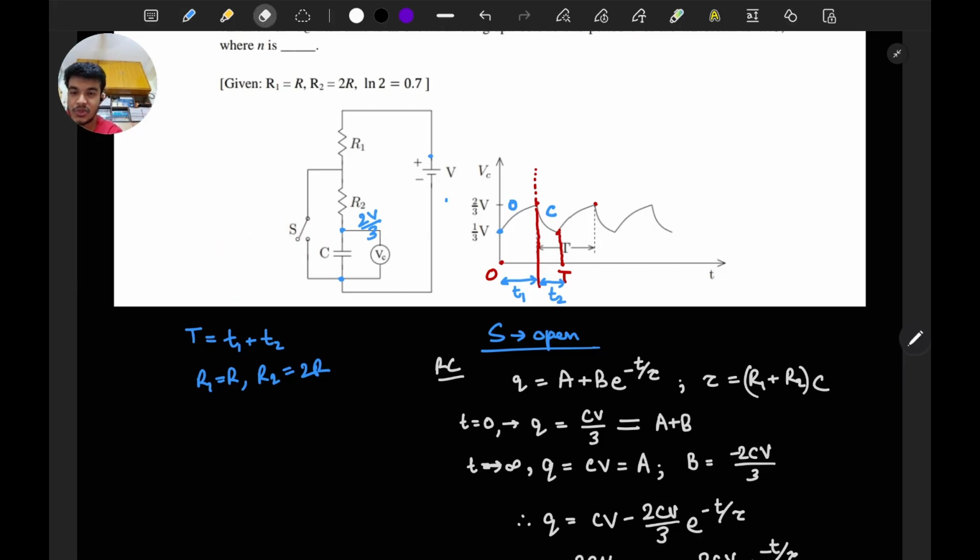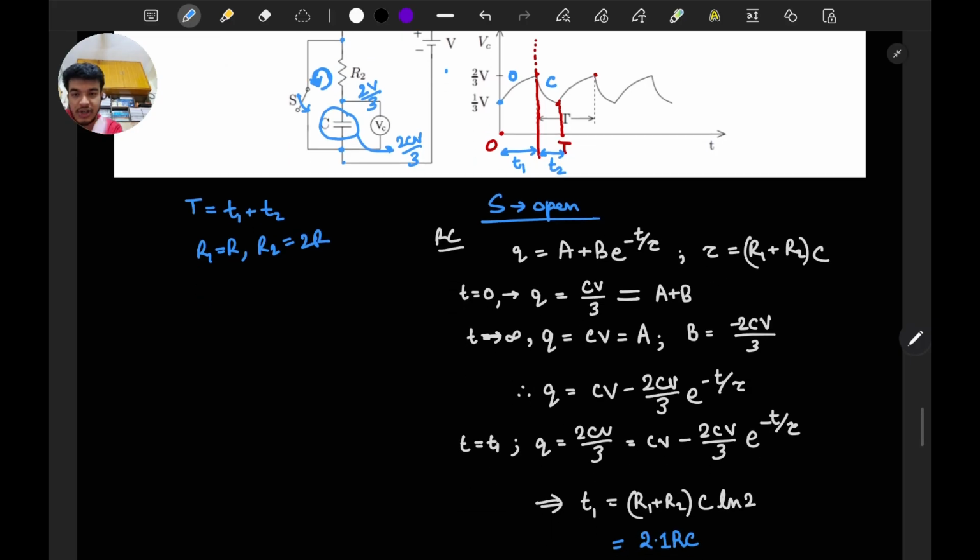Now when this switch is closed, this circuit which is outside is actually short circuited by this connection. So this charged capacitor, which already has the charge 2CV by 3, will now start discharging inside this circuit only, within this short circuit. That is the graph showing the decay in the voltage of VC here.